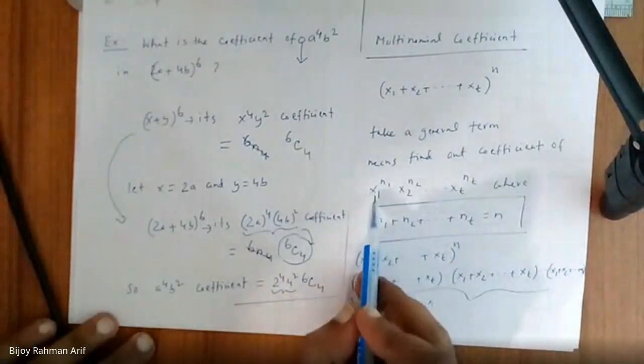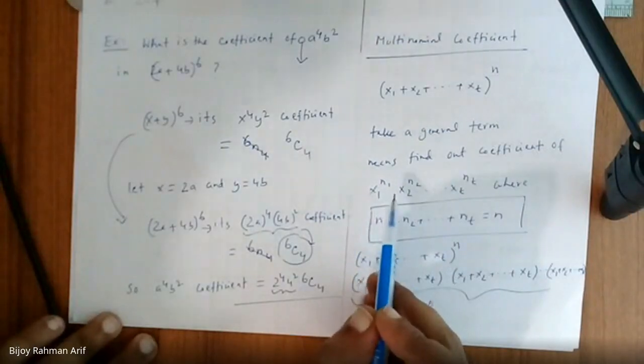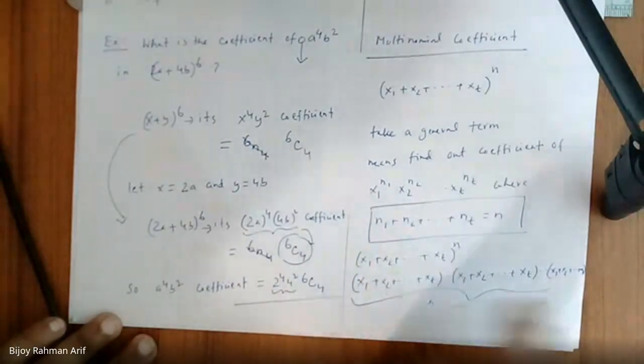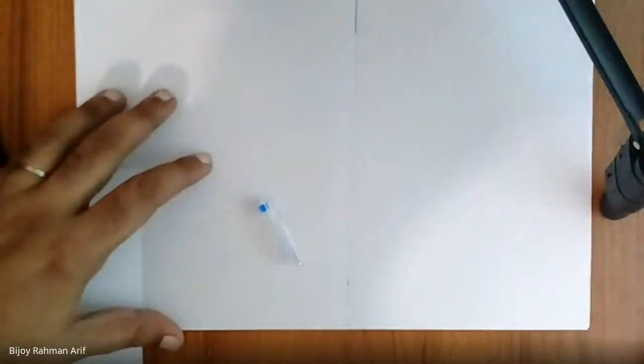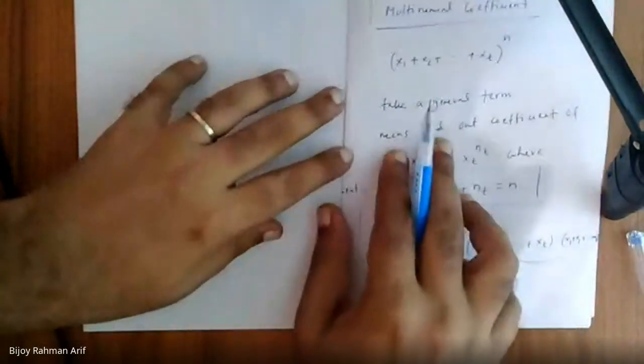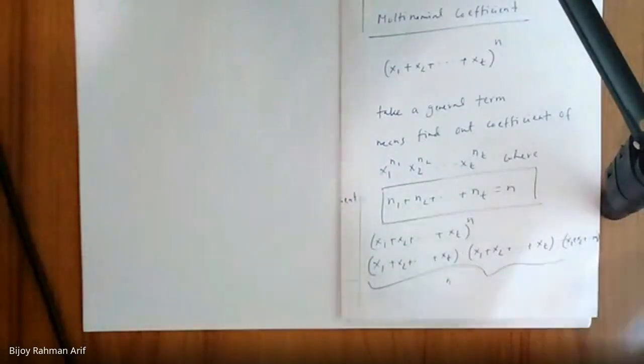Now, how can you find the coefficient for x1^n1? You have to choose n1 of them.